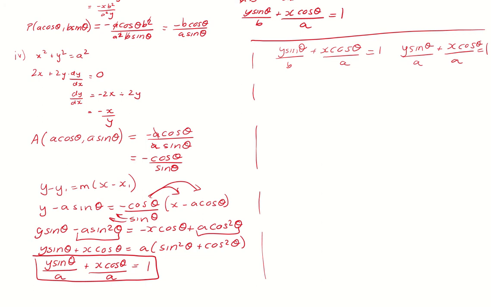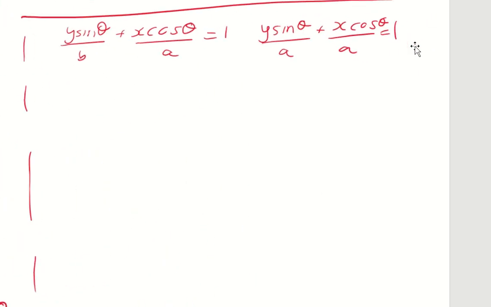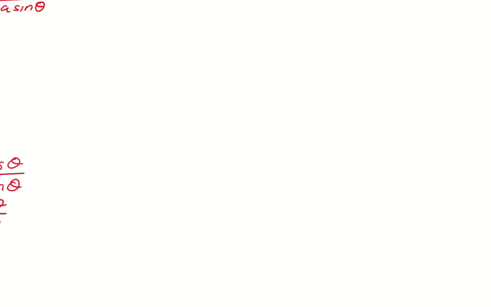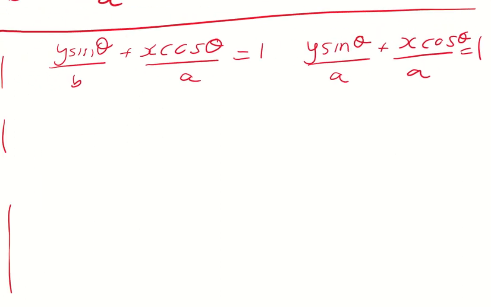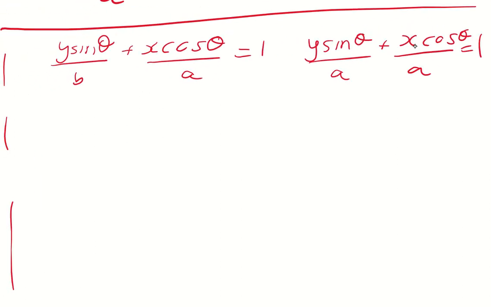It doesn't really matter, I'm going to get the same answer. But let's rearrange this right hand side one. Times my a to the other side, I'm going to have y sine theta plus x cos theta equals a. So y sine theta equals a minus x cos theta.